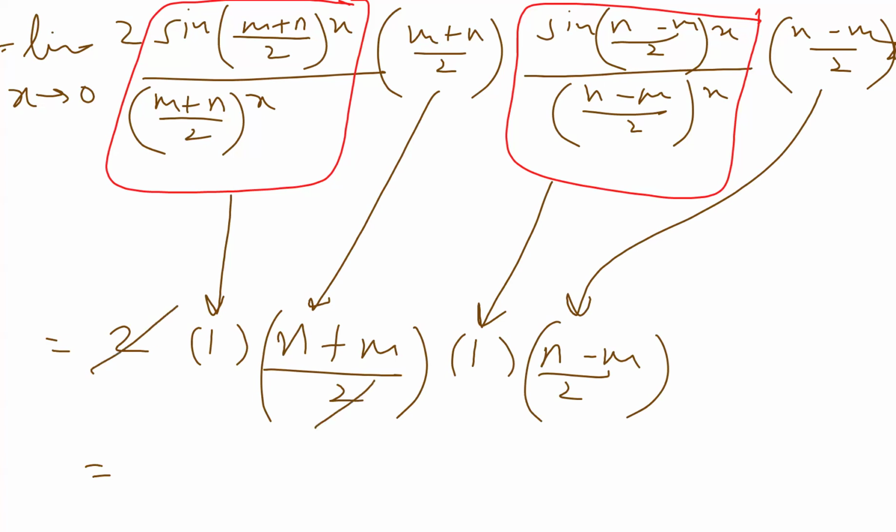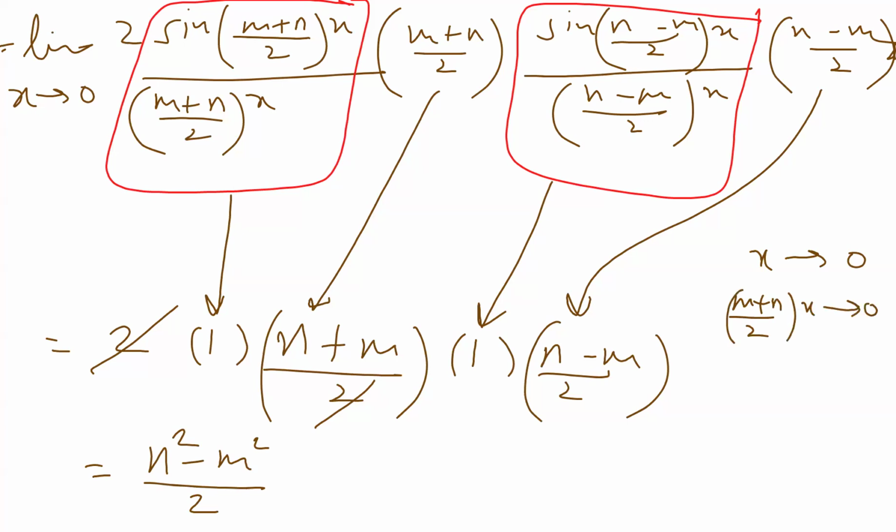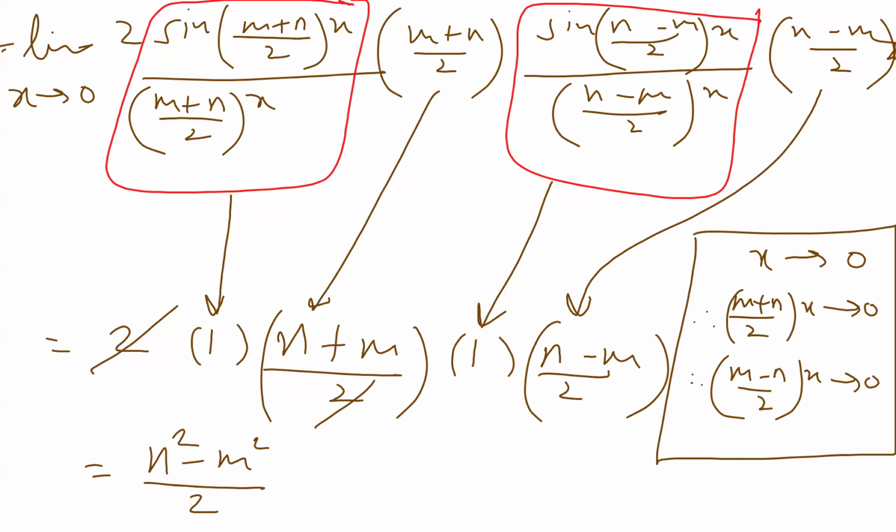So 2 cancels because there is multiplication. n plus m into n minus m, n square minus m square by 2. And x approaches 0, so m plus n by 2 into x also approaches 0, and m minus n by 2 into x also approaches 0. Mention this on the safer side.